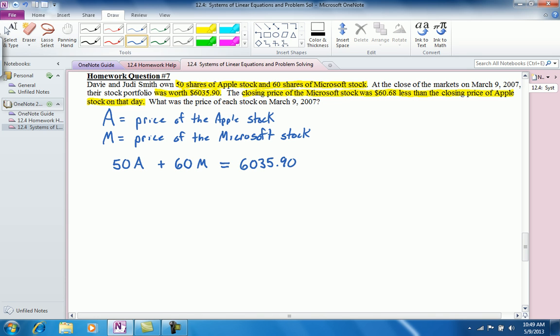Well, since the Microsoft stock was less by $60.68, if you took the Apple stock and you subtracted the Microsoft stock, the Apple being the larger, you would get their difference, which was told to be $60.68.